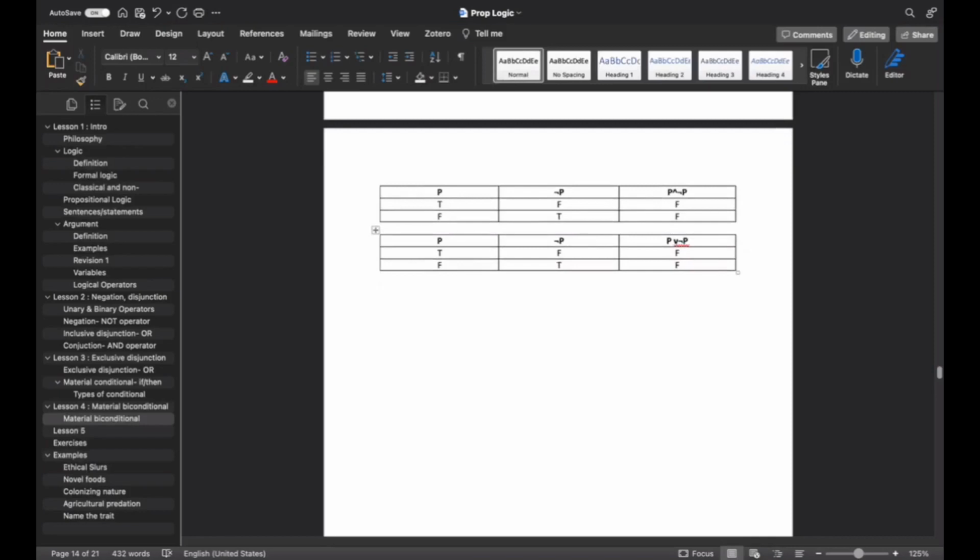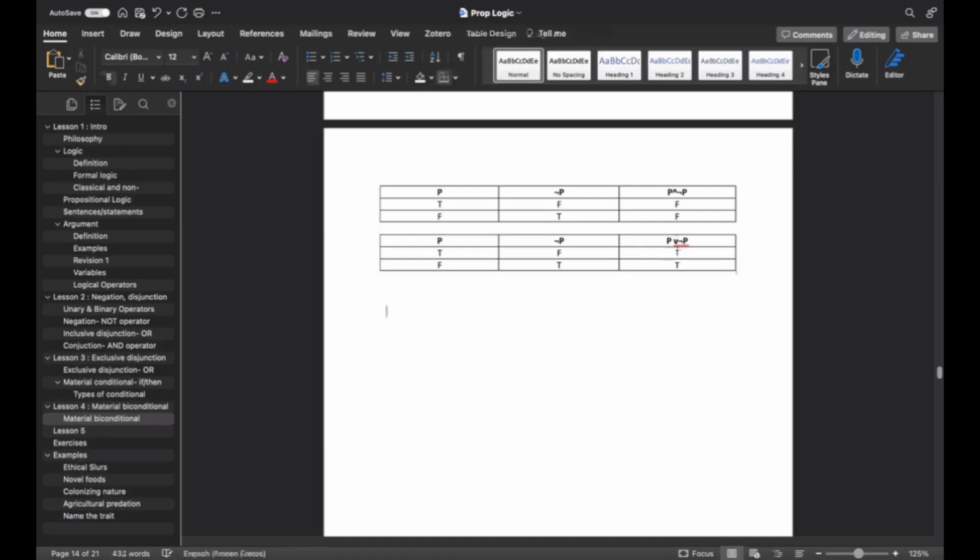So what will be the truth values of that column? This is an inclusive disjunction, so if one of them is true, then it's true. So both are true. Yeah, exactly. Now you'll see a fundamental difference between the first table and the second table.